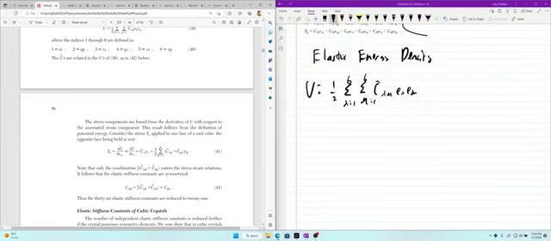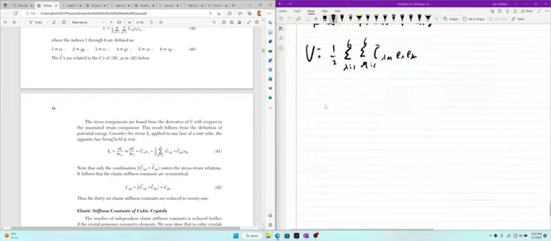And then the C tildes are related to the C's from before, below. So we'll see. The stress components are found from the derivative of U with respect to the associated strain component. This result follows from the definition of potential energy. So let's consider the stress X in the X direction of the X plane applied to one face of a unit cube, the opposite face being held at rest.